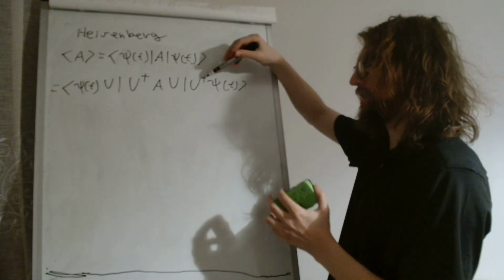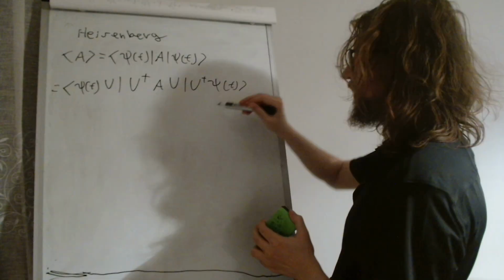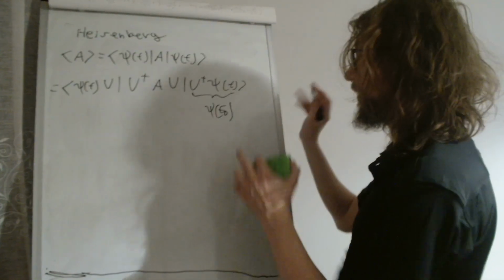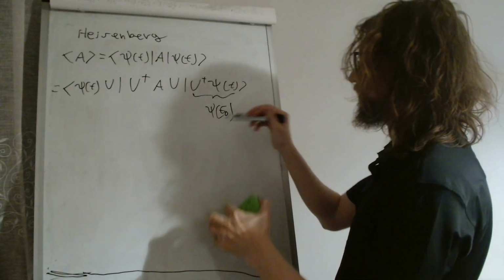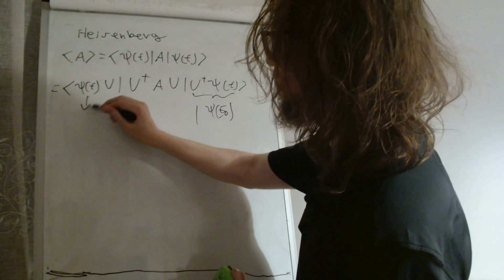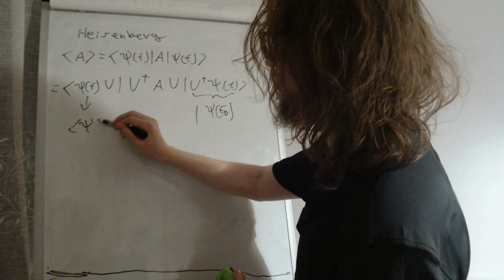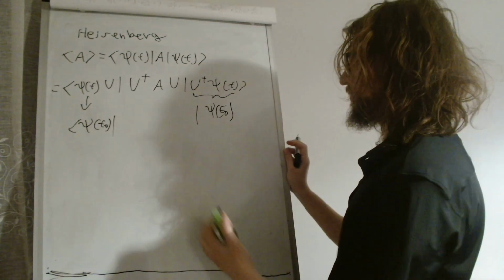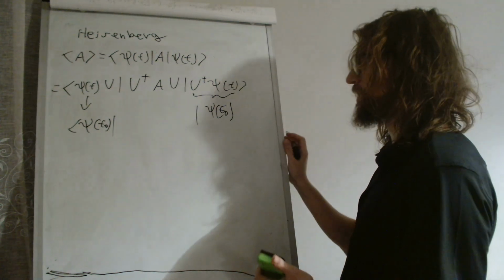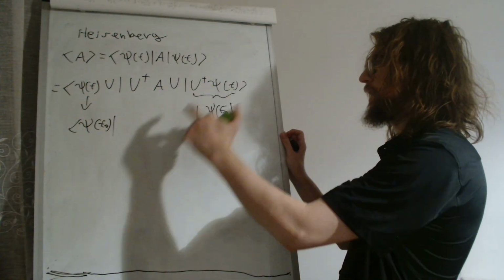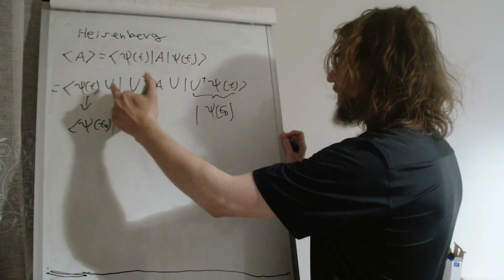So u dagger undoes the evolution, so this will be the ket psi of t0, and it does not depend on time, and this will be the bra psi of t0, right, because the kets are undone by u dagger and the bras are undone by u.